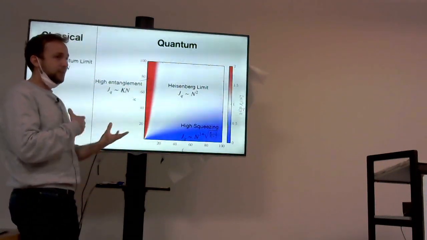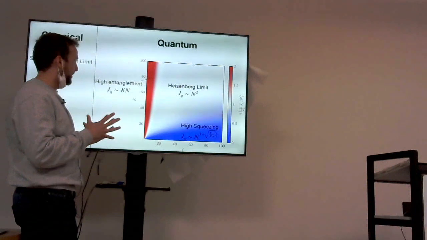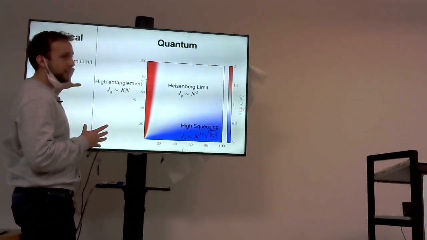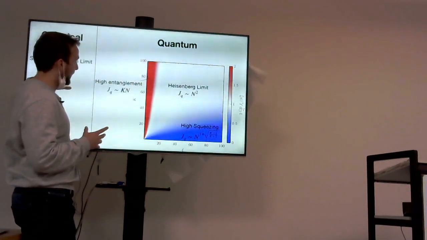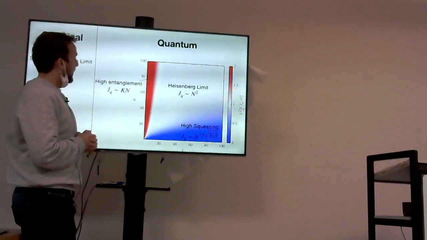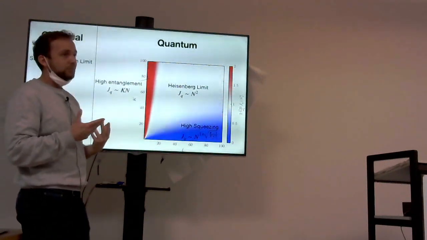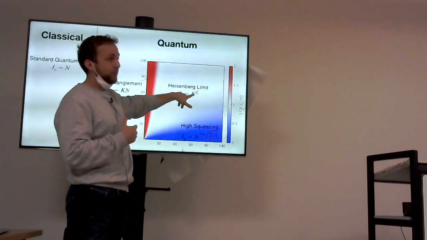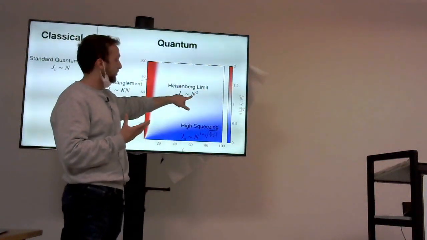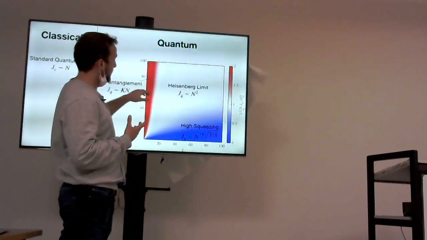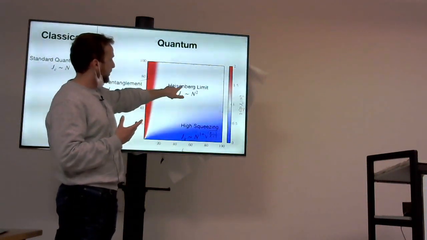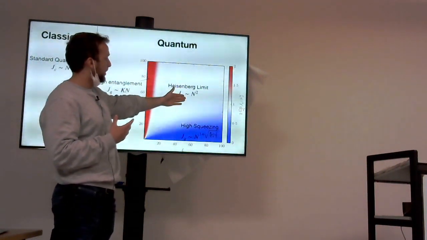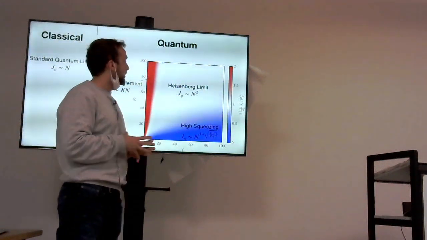So no classical strategy can be better than this scaling. And in the quantum paradigm, we can have a quadratic improvement compared to the classical case. So we have quantum Fisher information that's proportional to n squared.